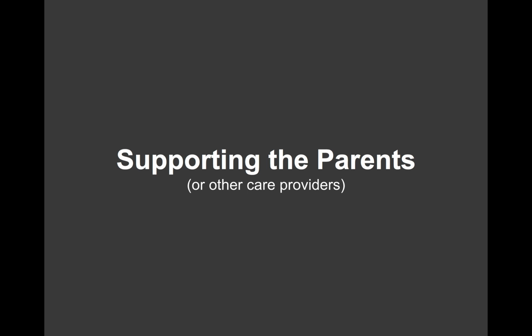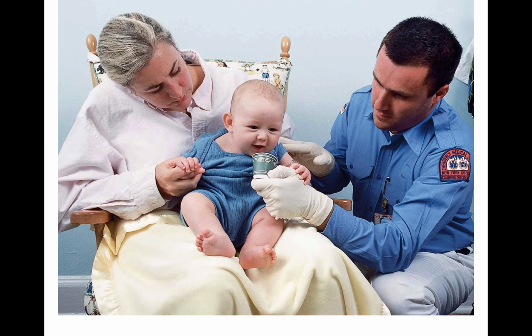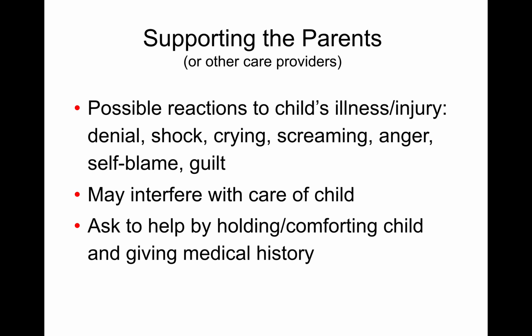And then let's talk about the parents. It's a bad day if you have to call EMS for your kid. So realize that the parents are going to be freaking out and probably not knowing what to do, unless it's some kind of chronic disease that they know what they're dealing with. They might worry and think that they're being bad parents themselves somehow.